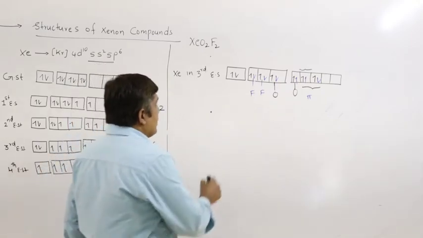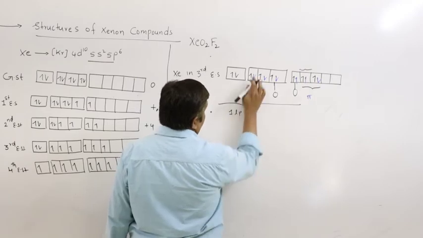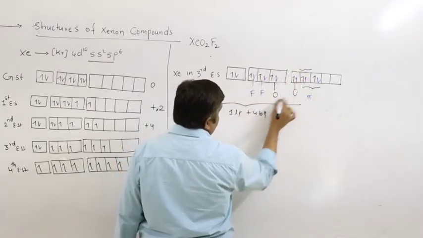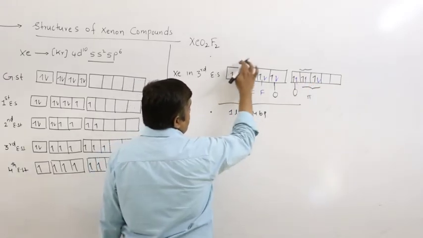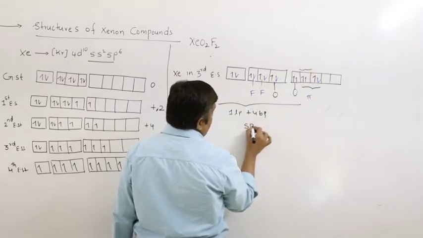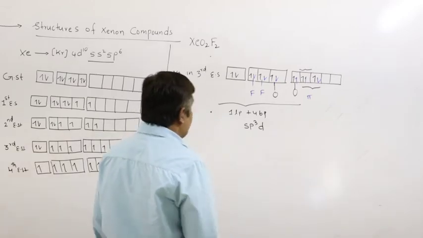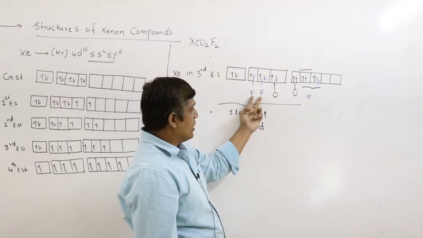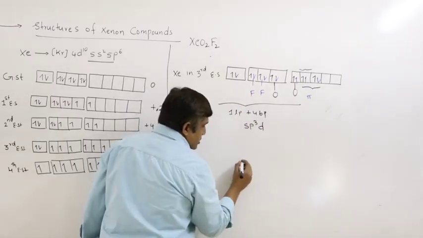So what I can write here is hybridization: one lone pair, 4 bond pairs with 2 pi bond electrons. Now here hybridization is sp3d with one lone pair, 4 bond pairs, 2 with fluorine atoms, 2 with oxygen atoms, and 2 pi electrons.